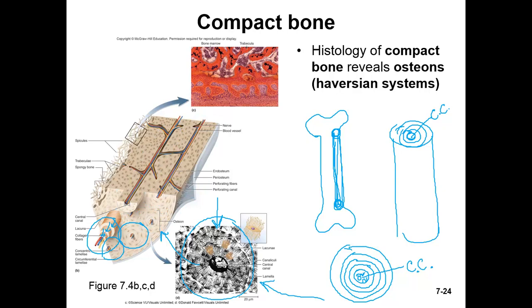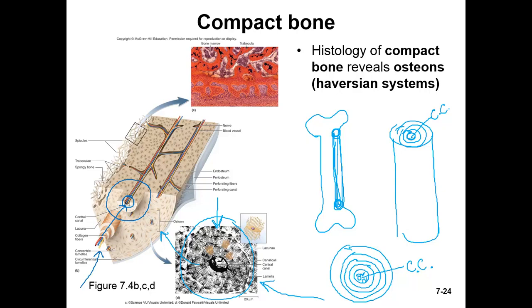So when you look at the center of this particular osteon, I'm going to go back over here to the picture of the bone. When you look at the center of this osteon, you can see the central canal, and in that central canal there are red, blue, and yellow, which indicate arteries, veins, and nerves. And again, here's an even better picture.